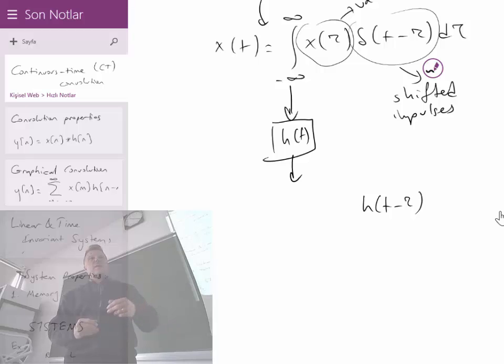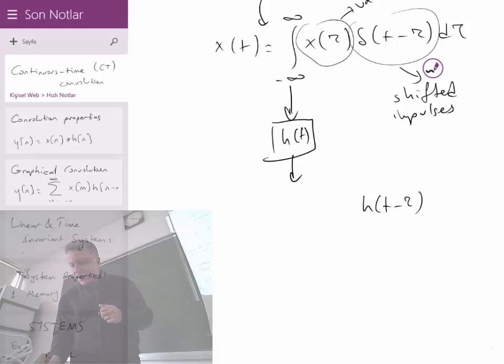What is the response to this impulse, x of tau delta t minus tau? x of tau is a value, let's say it's 3 or 5. What is the response to 5 times delta t minus tau? The response is 5 times h of t minus tau. So what's the response to x of tau times delta t minus tau?